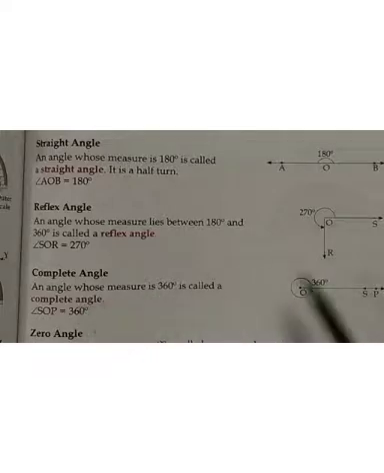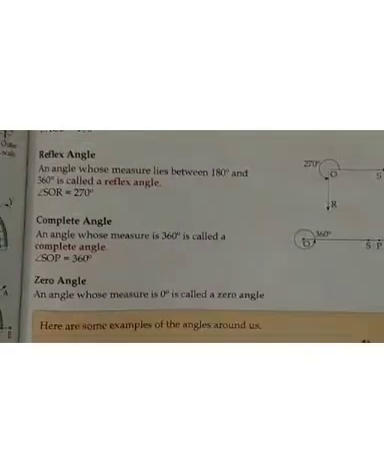Complete angle: two rays OP and OS join at the common vertex O. The angle around this point is 360 degrees, that is the complete angle. An angle whose measure is 0 degrees is called a zero angle.